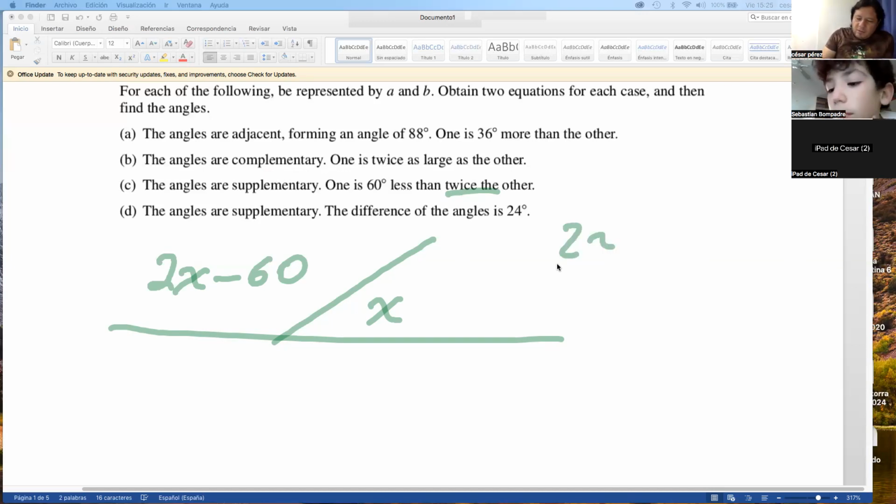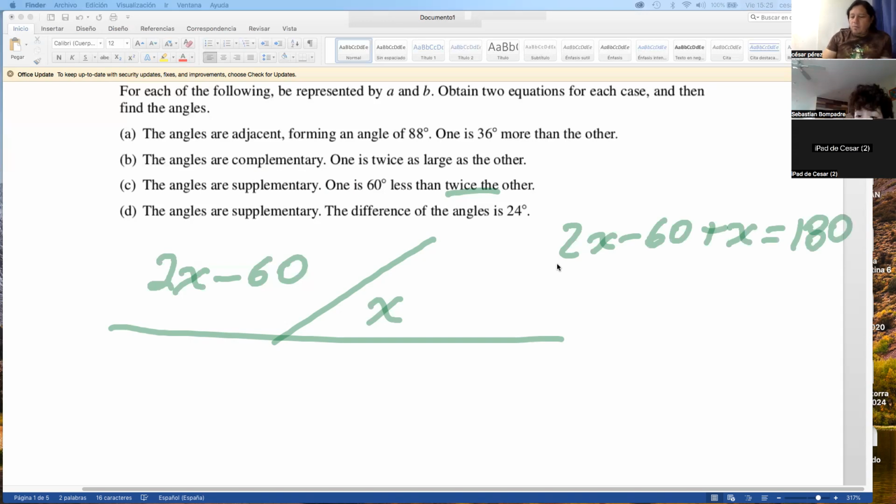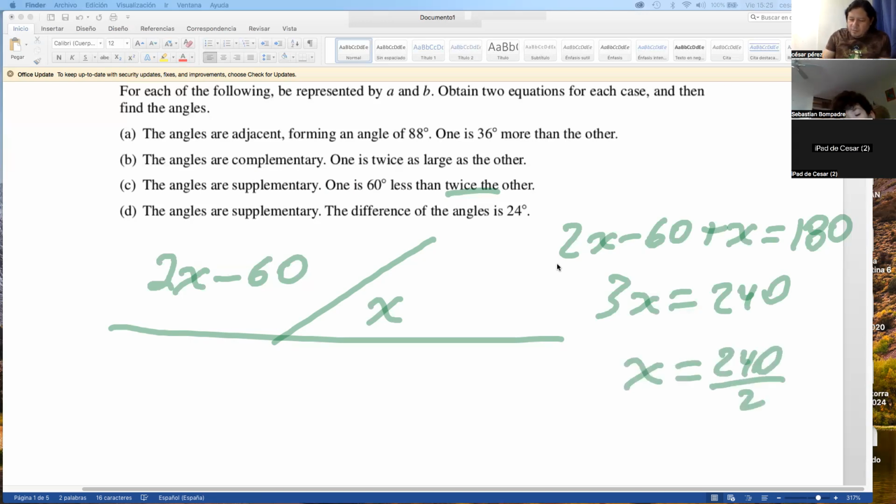We will have 2x minus 60 plus x equals 180. So 3x equals 240. So x will be, we must divide by 3.